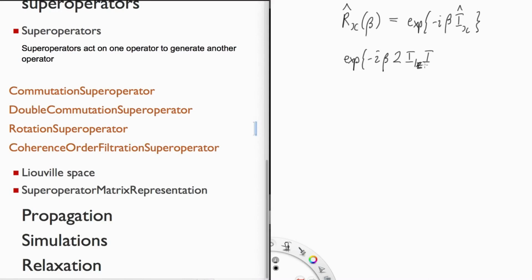So for example, suppose we have a spin-spin coupling between two spins, and we make a weak coupling approximation. Now we have evolution under a J coupling between two spins. That would be expressed by an operator 2I1z I2z. We form the commutation superoperator of that.